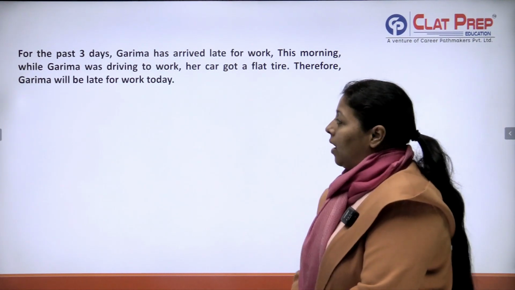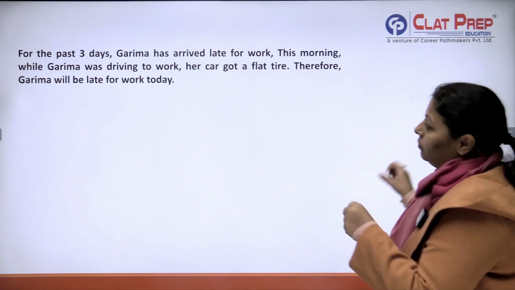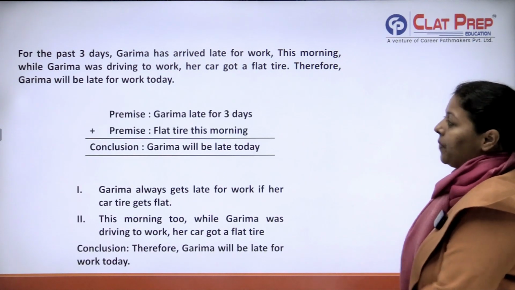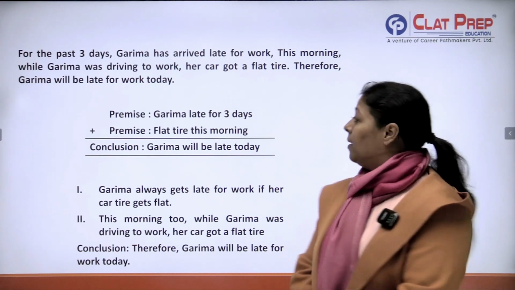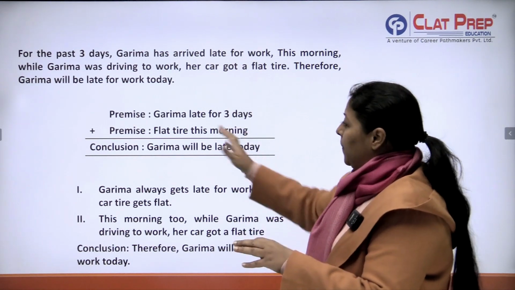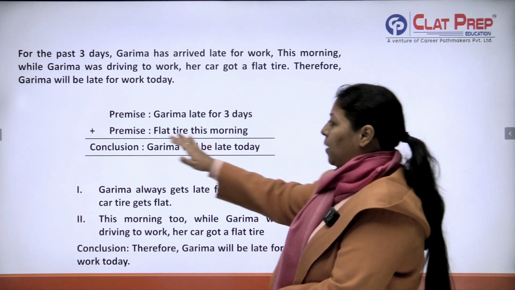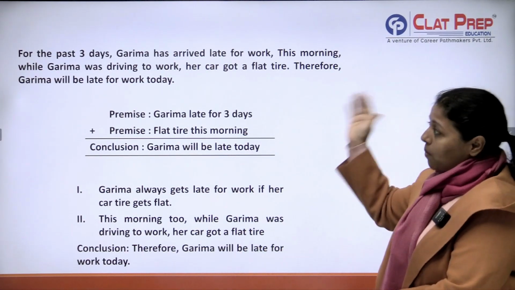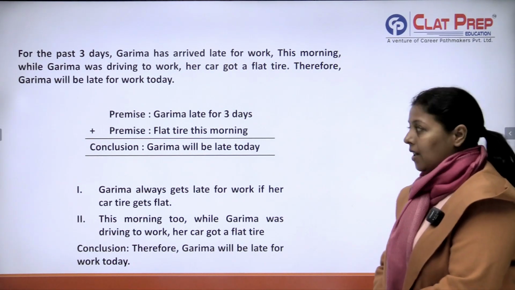Okay, so let us dissect this particular question. The first premise, after dissection, is that Garima usually got late for the past 3 days, and the second premise says that this morning while Garima was driving to work, her car got a flat tire.